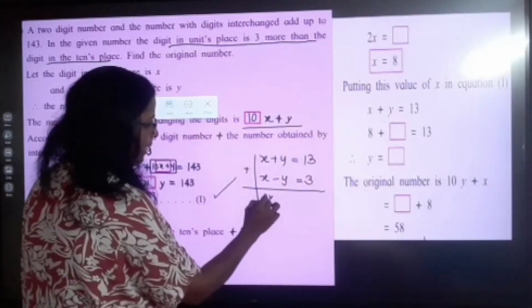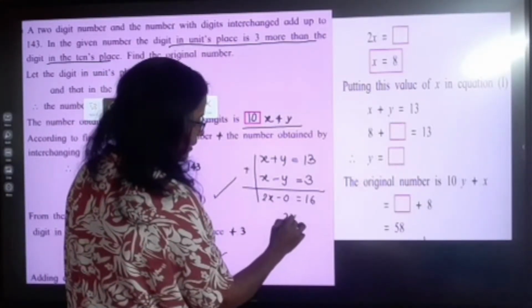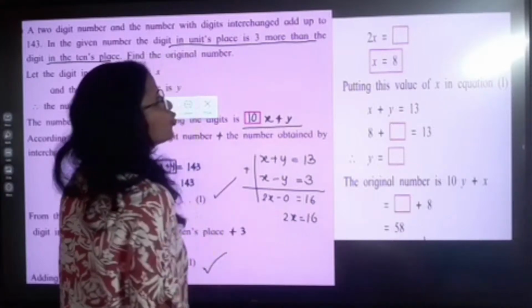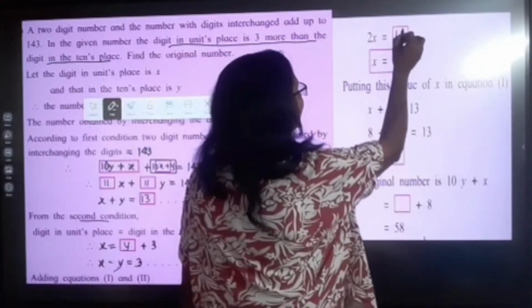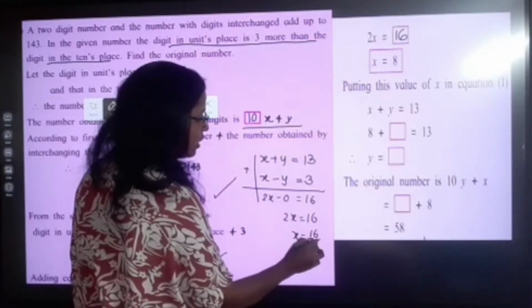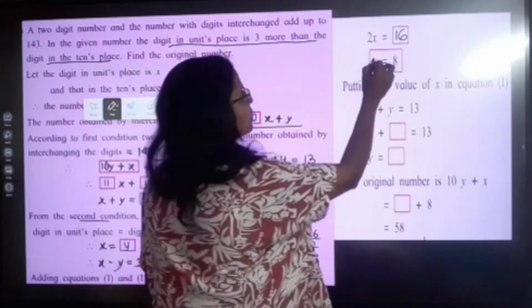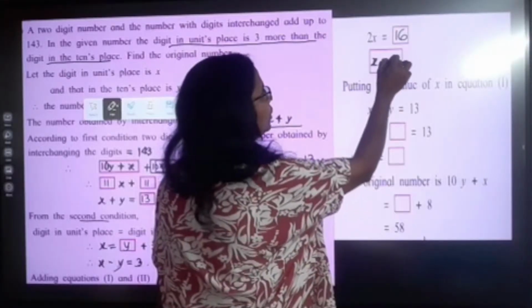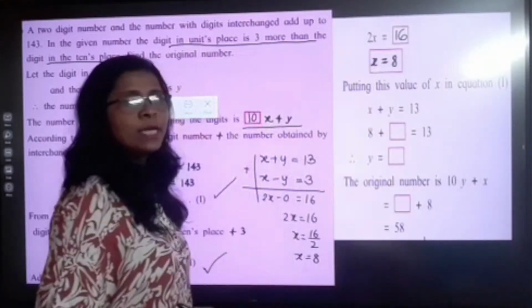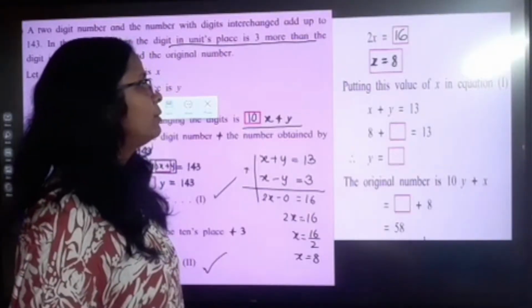So 2x is equal to 16. So x is equal to 16 upon 2, that means x is equal to 8.